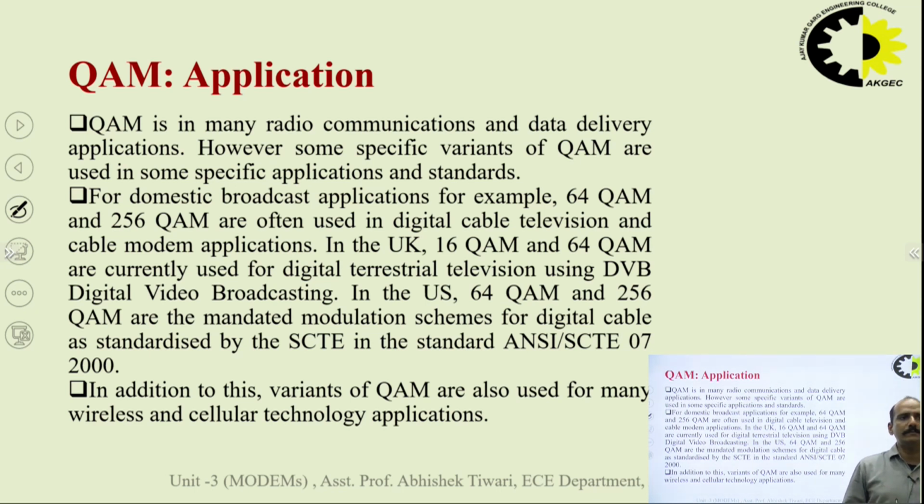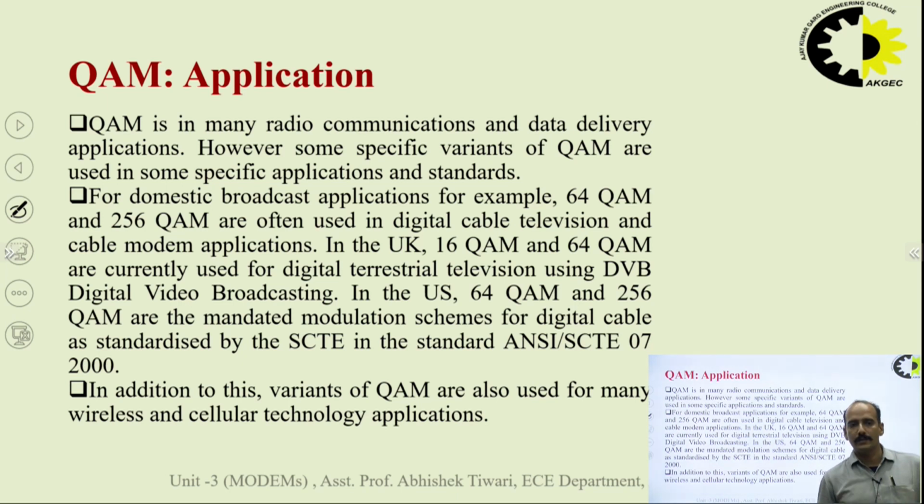So here you can understand one very clear point: what are the basic applications of QAM. Basically QAM is used in many radio communication and data delivery applications, and some specific variants of QAM are used for more specific applications and standards, for radar or something else. For domestic broadcast applications, for example, 64 QAM and 256 QAM are often used in digital cable television and cable modem applications. In the United Kingdom, 16 QAM and 64 QAM are currently used for digital terrestrial television using DVB, digital video broadcasting.